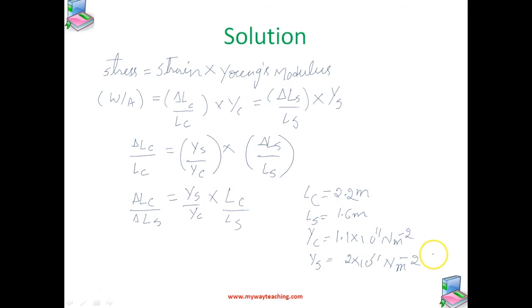Now we substitute the values. YS is 2 into 10 raised to 11, YC is 1.1 into 10 raised to 11, LC is 2.2 and LS is 1.6.